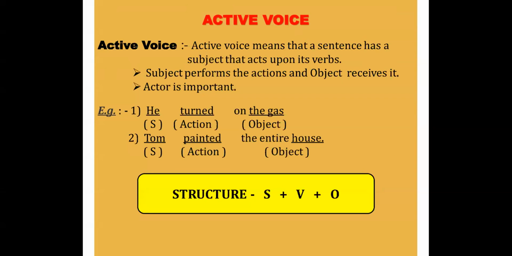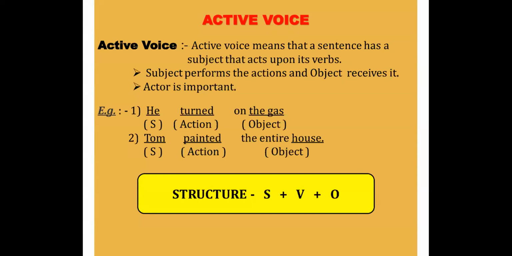One more example we will see: history is being made by us. So how will we write that? We are making history. We is the subject, making is the verb, and history is the object.